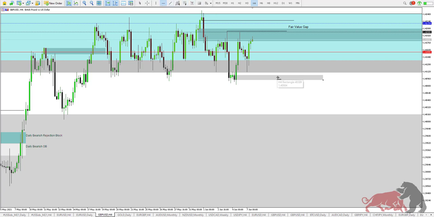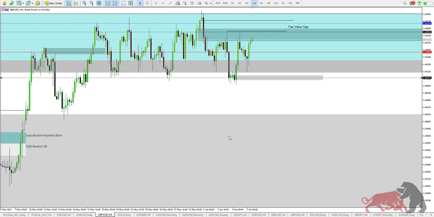So initial target on pound USD is going to be 1.40979. So that's 1.4100.